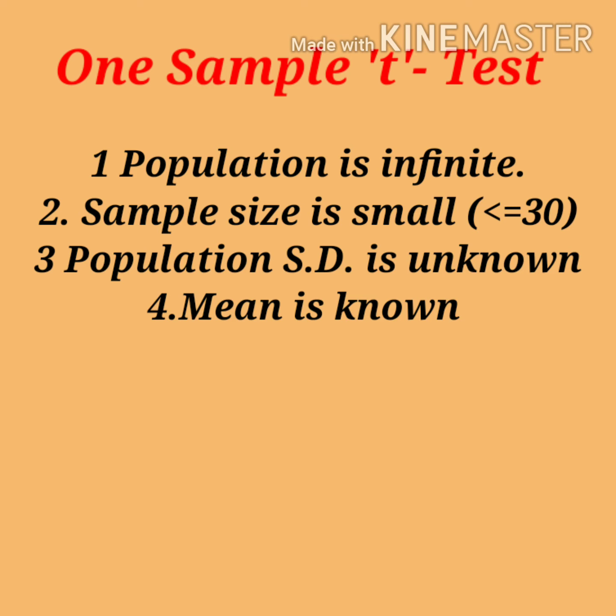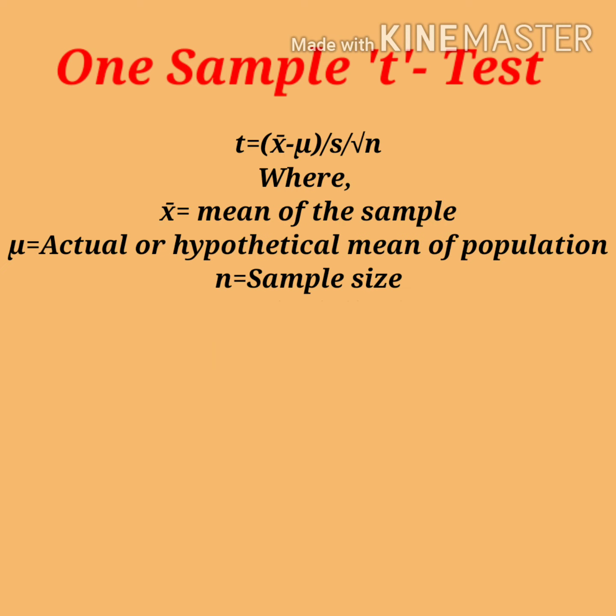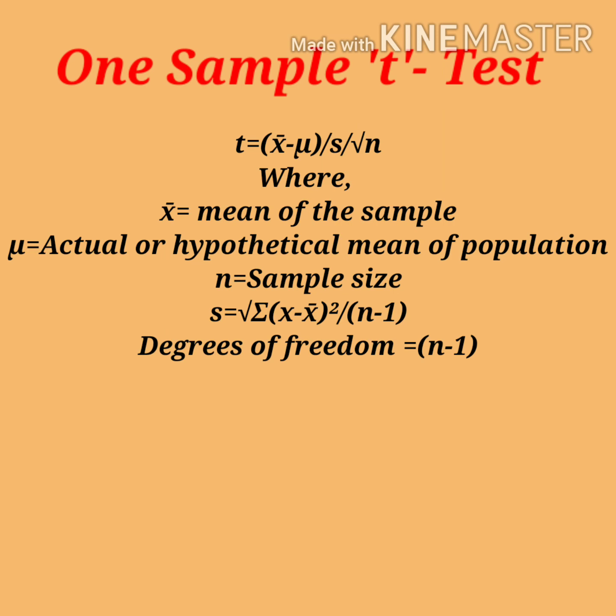In such a situation, the formula of the t-test will be t equals x bar minus mu divided by s divided by root over n. Here x bar is the mean of a sample and mu is the hypothetical mean of the population. It means the population mean is mu. n is the sample size and s is the sample standard deviation.